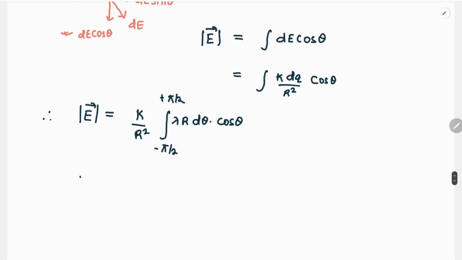So this is the limit that we have. So the magnitude of the electric field strength can be written as k upon r lambda integration of cos theta d theta from minus pi by 2 to plus pi by 2.